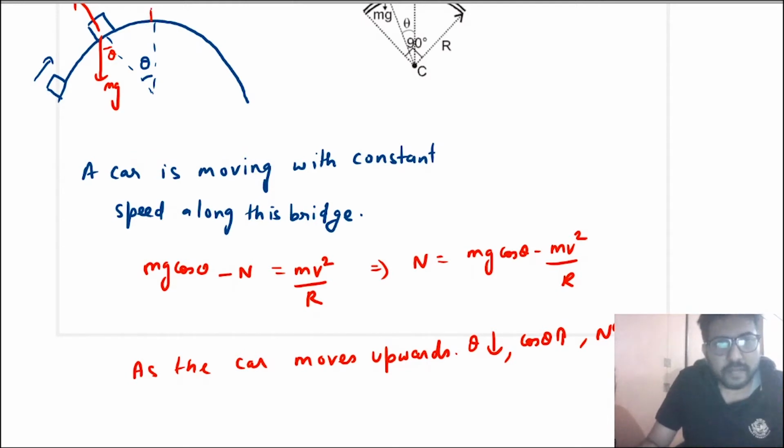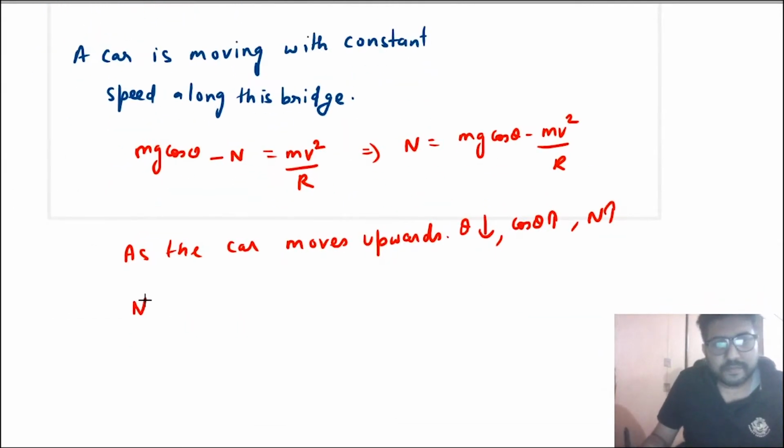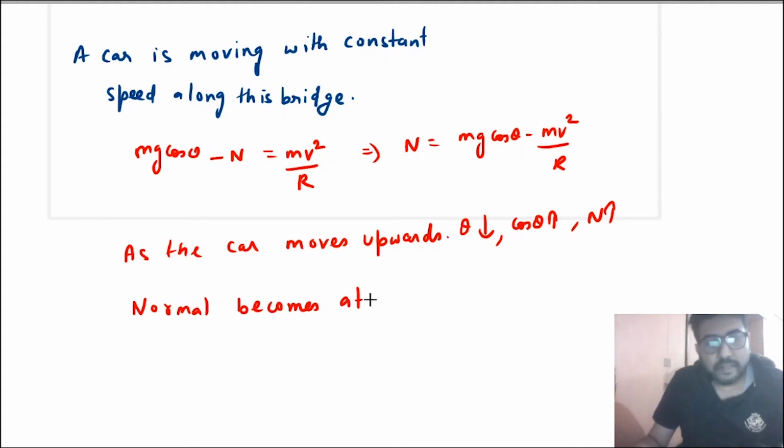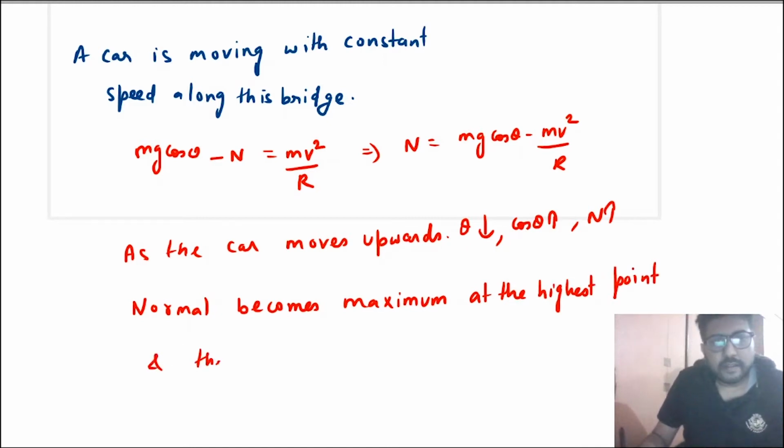The normal becomes maximum at the highest point, and then it again decreases.